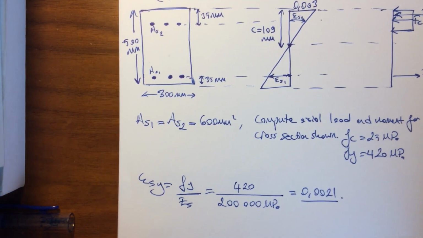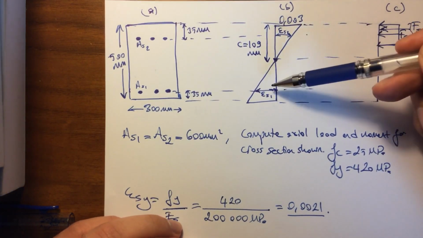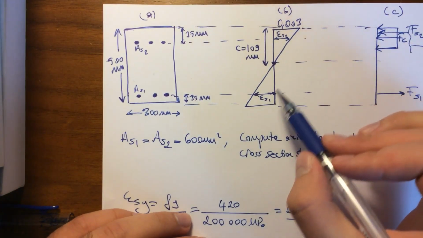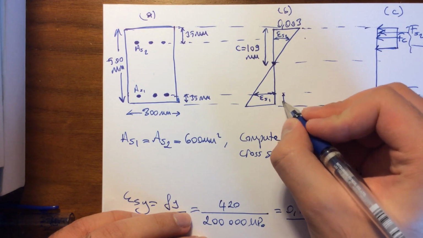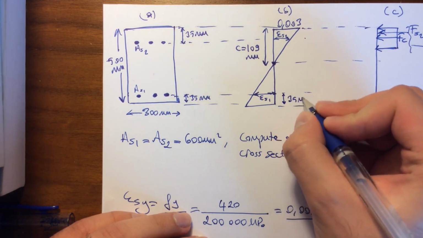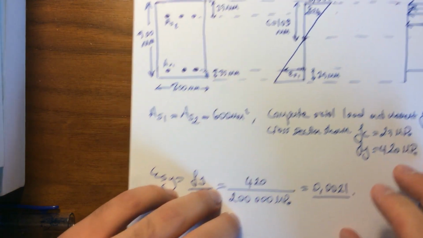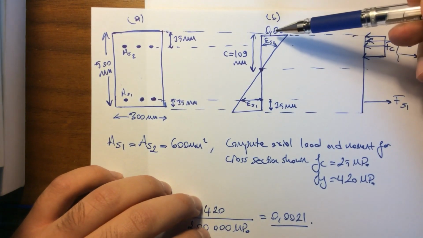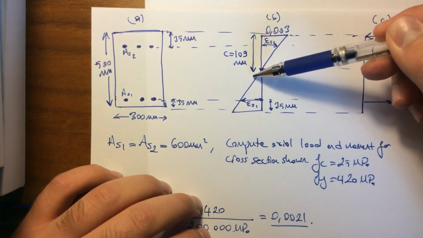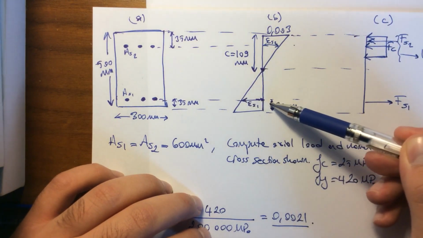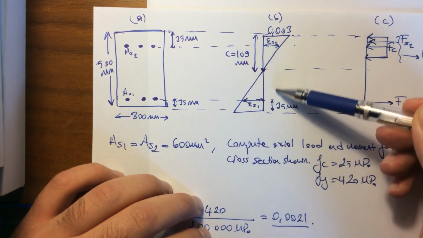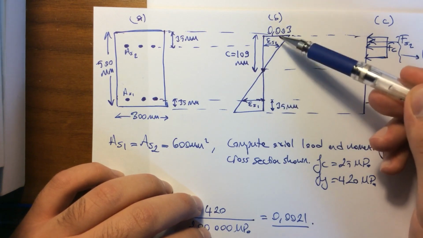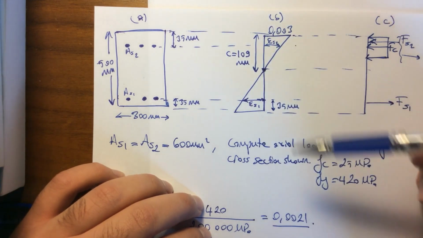So let's use the triangle similarity to get the strain values ES1 and ES2 respectively. Starting with ES1, we know that this distance is 35 millimeters, and let's use the similarity between the triangles: the ratio of 0.003 to 109 is equal to ES1 over the distance, which is equal to 500 minus 109 minus 35, as you can see here.